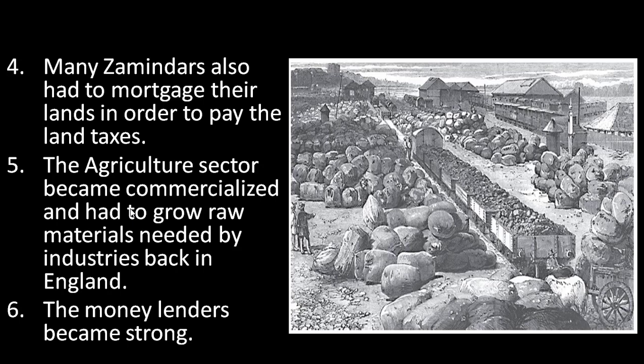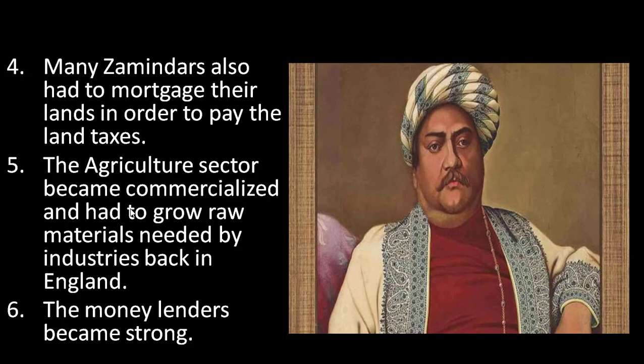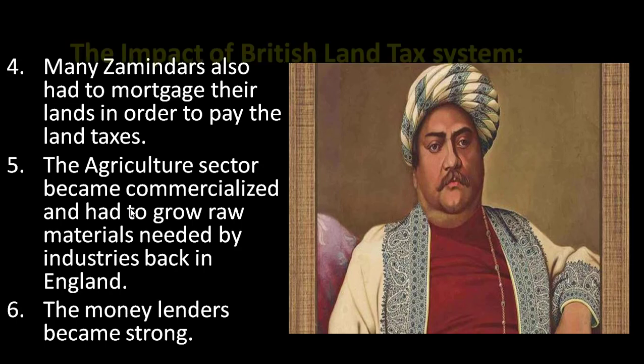What the farmers wished to grow, they could not grow. Whatever the British East India Company expected, those materials had to be produced. The money lenders became very strong by the end of this land tax system. These are some of the very important impacts of the British land tax system.